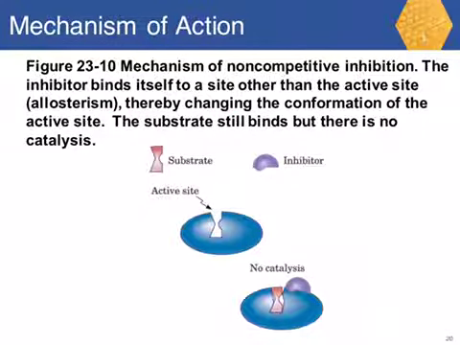In non-competitive inhibition, the inhibitor binds to the apoenzyme, the protein portion of the enzyme, and causes the shape of the active site to change because it's bound to the apoenzyme portion, and therefore the substrate cannot enter because the shape of the active site is changed.